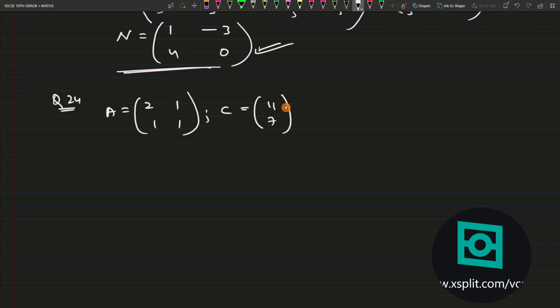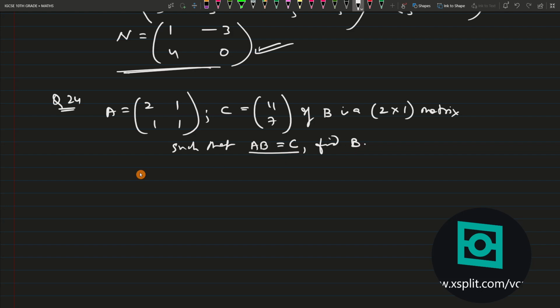If B is a 2 by 1 matrix, a matrix of order 2 by 1, such that AB is equal to C, then find B. That's the question. So he says here that AB is equal to C and we are supposed to find out B.